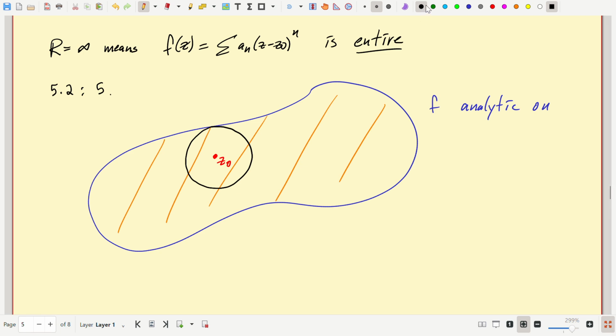So the radius of convergence of the series for that little f at z0, and here's the important thing, is greater than or equal to the radius of the biggest circle I can stick in there.